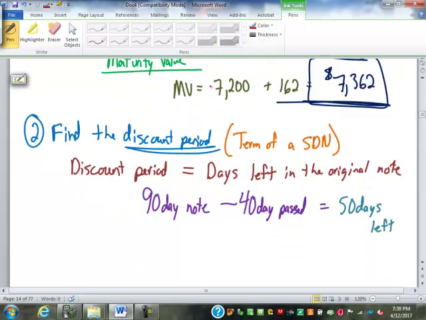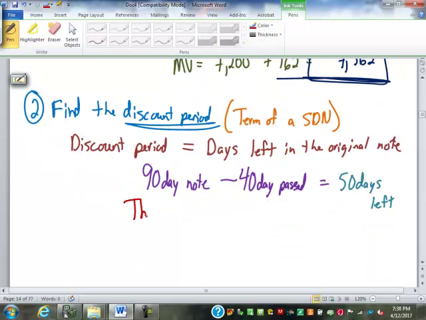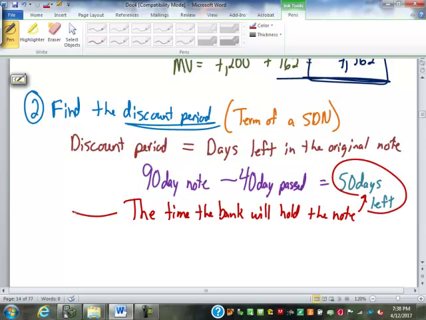That is the time the bank will hold the note. That's the 50 days. That is the definition of the discount period. It's the time the bank will hold that note before they collect. So the discount period here is 50 days.